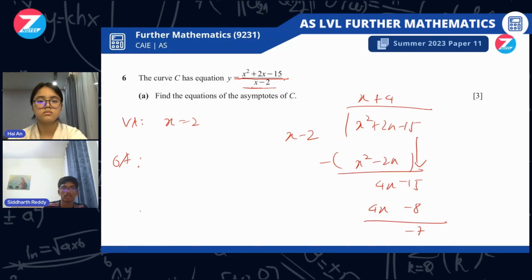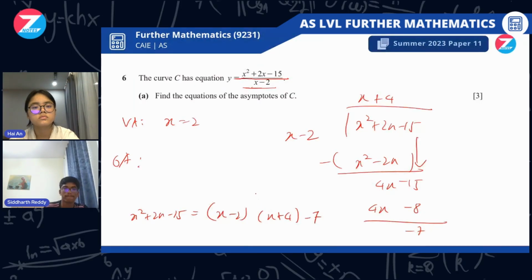So we can write x squared plus 2x minus 15 is equal to x minus 2 into x plus 4, minus 7. And now dividing by x minus 2 on both sides, this and this just cancel. I mean, it doesn't cancel directly. After splitting the fractions, they can cancel.